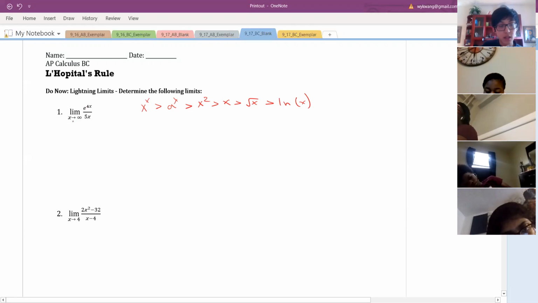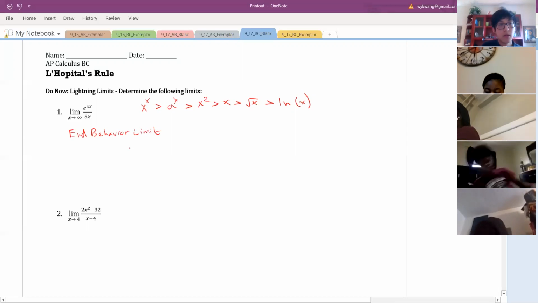So basically, the way I look at end behavior functions, this is an end behavior limit, we have to first find the dominant terms in the numerator and denominator. The dominant terms are pretty easy because there's only one term. And e to the x is more dominant.